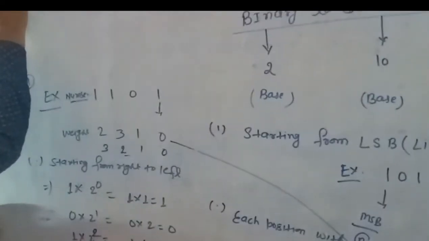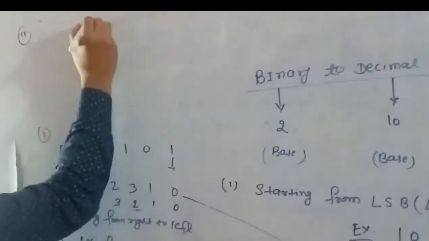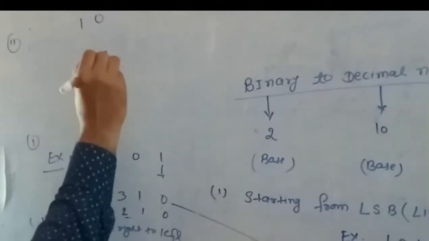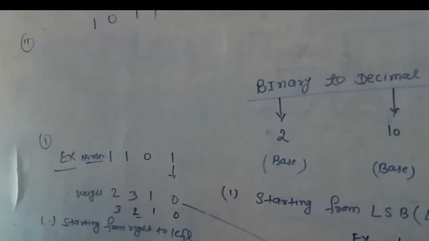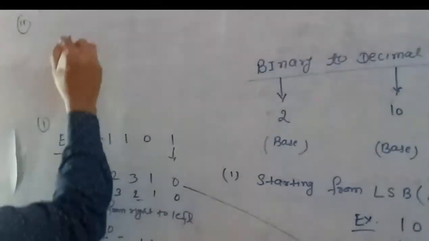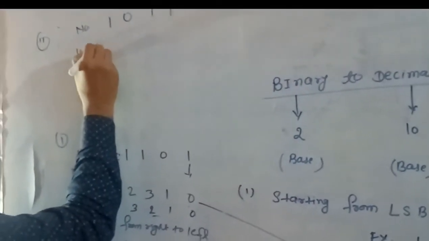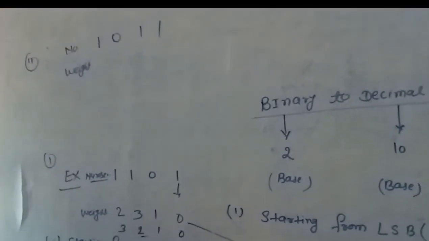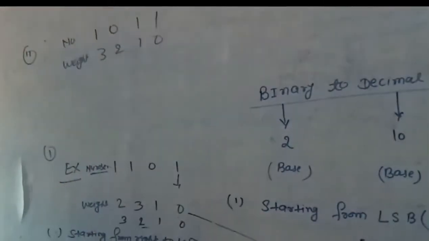One last example from your books. This example is 1 0 1 1. This is the number and bit, bit 3 2 1 0.